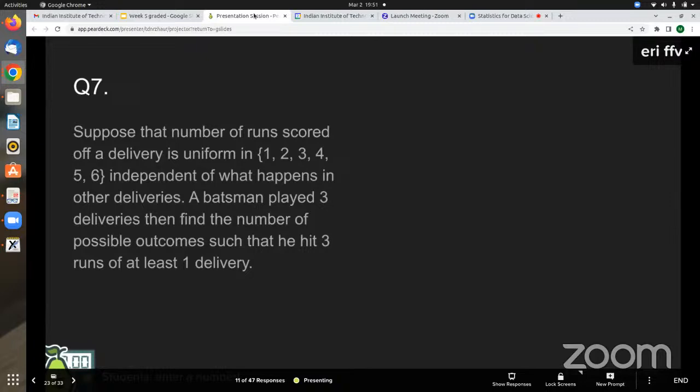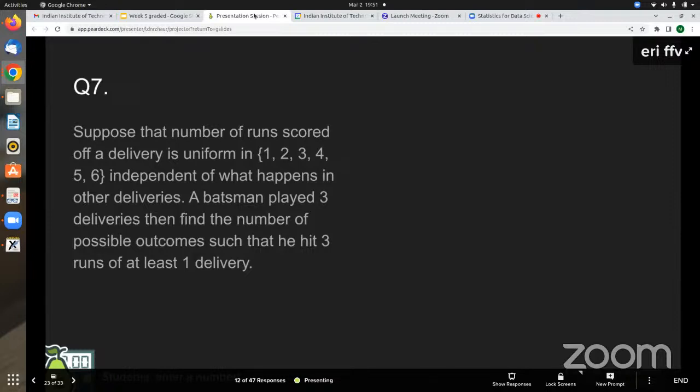I think he's saying uniform, so every score will have equal possibility. I think minimum is 3 runs at least. So next one will be 3, 4, 5, or 3, 4, 4, or 3, 3, 3 like that. He can't take 1, 2 runs. Is this correct?